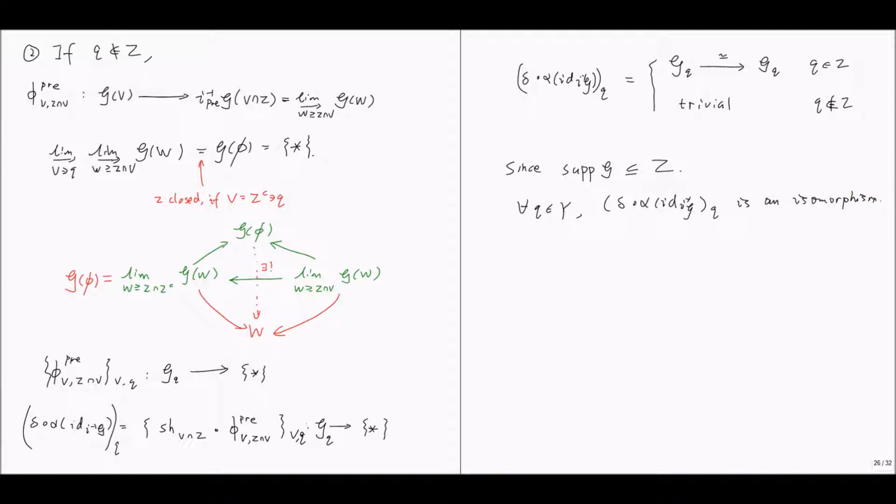And therefore, this sheaf map is a sheaf isomorphism. And we are done.